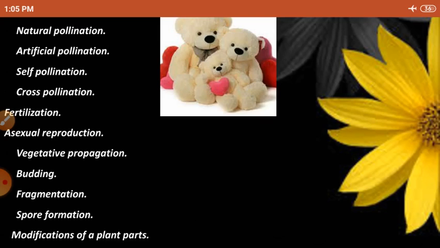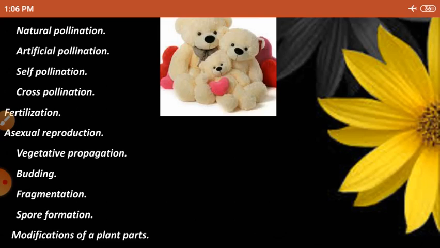If it is not done by nature and we are transferring like this, it is called artificial pollination. And reaching the pollen grains to the stigma in the same flower is called self-pollination. Same flower or same flower with another plant is called self-pollination.